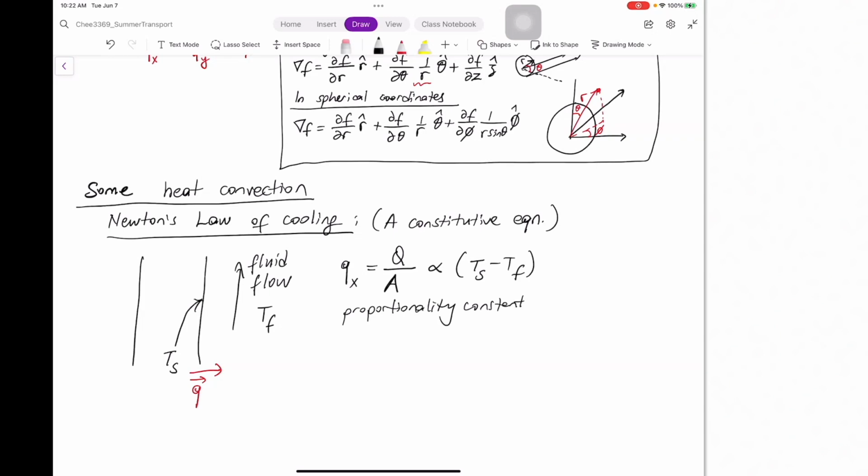is abbreviated as h, and is called the heat transfer coefficient.